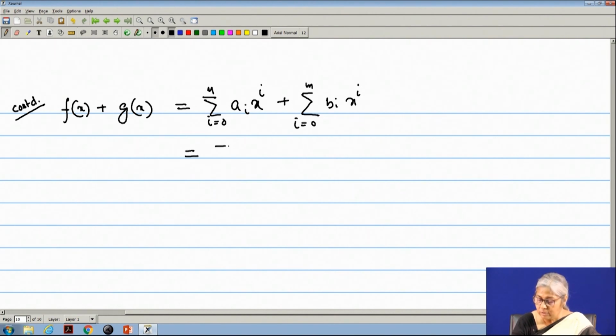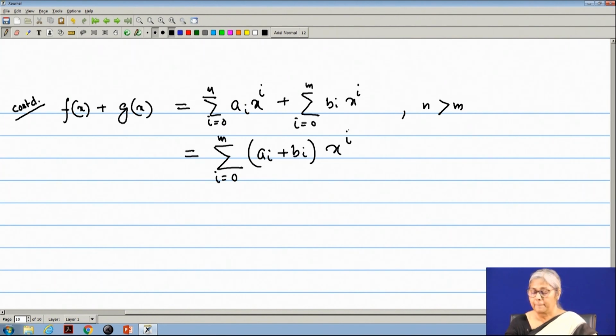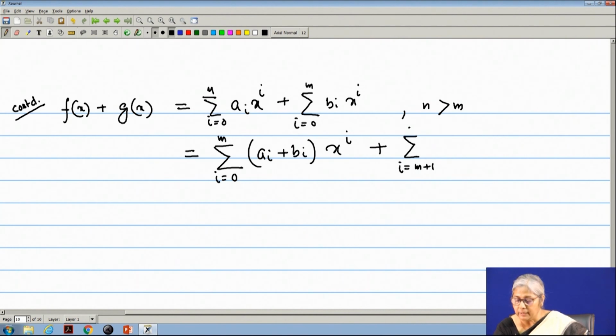So, what I can do is, for i equal to 0 to m, since n is greater than m, I can write (a_i plus b_i) x to the power i. That means that degree wise the coefficients were added. I have some more terms in the first sum, that is, the sum from i equal to m plus 1 to n of a_i x to the power i. So, the addition is defined like that.